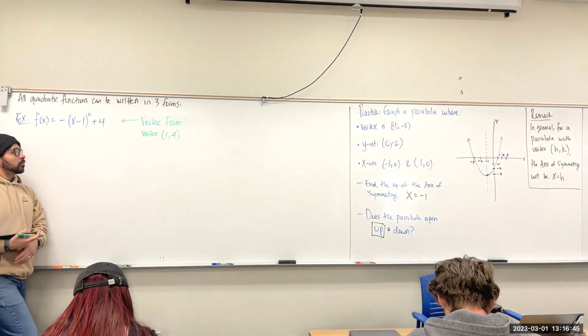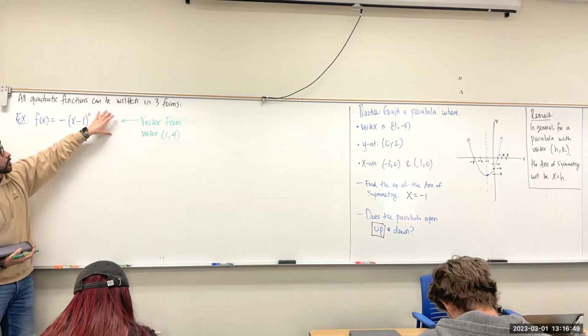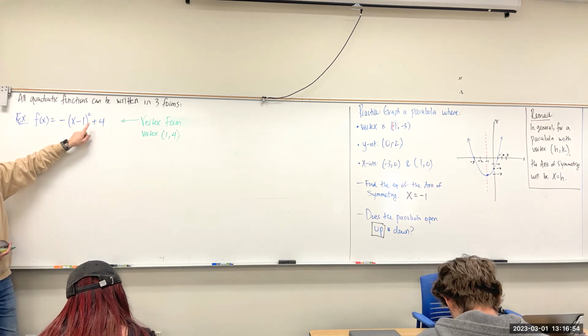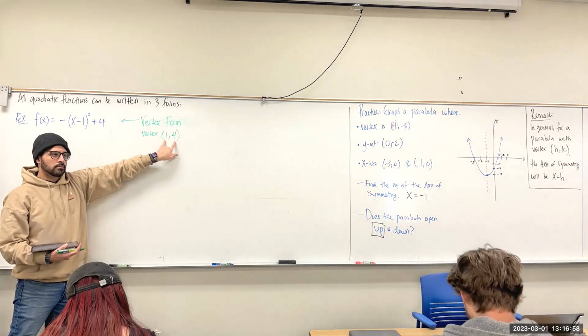So we're going to notice throughout today's class that when I have a quadratic in this vertex form, this numerical value and this numerical value help you identify the coordinates of the vertex.